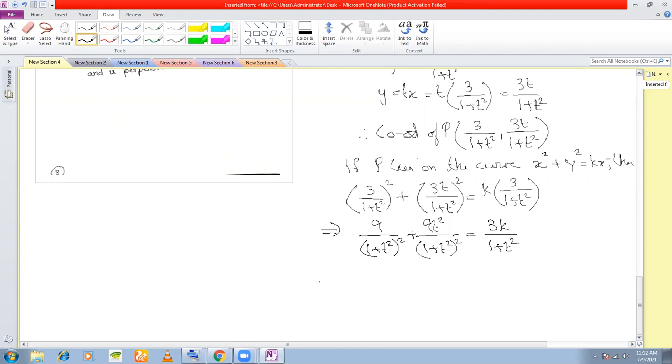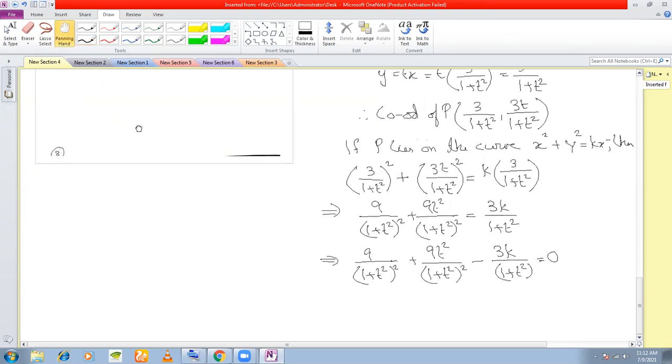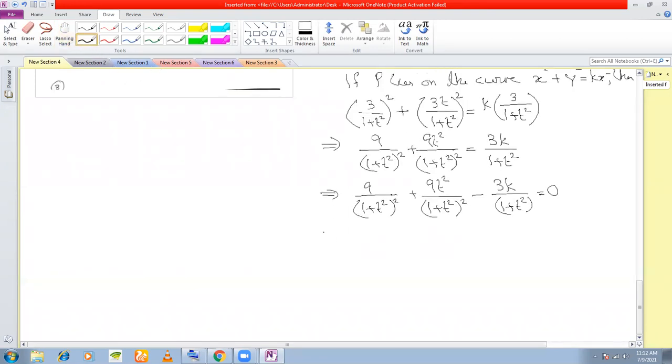Okay, take everything on one side. 9 by 1 plus t square whole square plus 9t square by 1 plus t square whole square minus 3k by 1 plus t square is equal to 0.